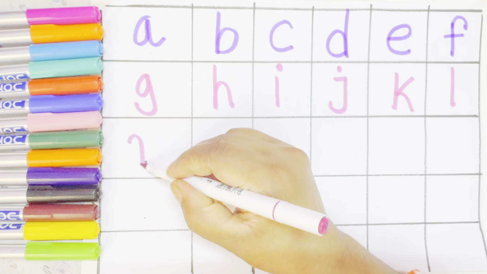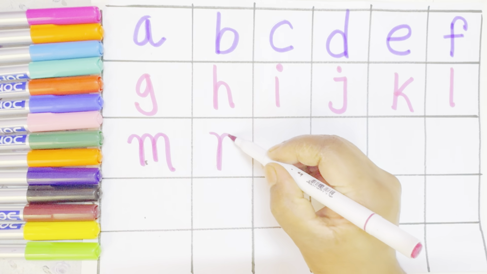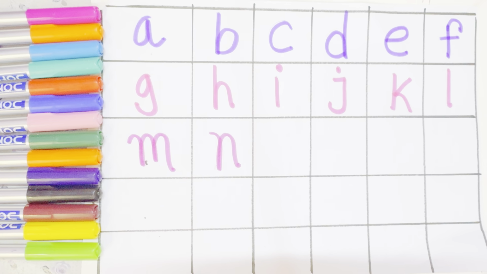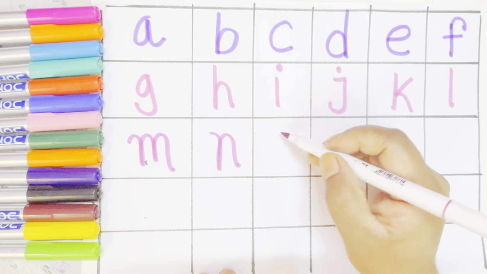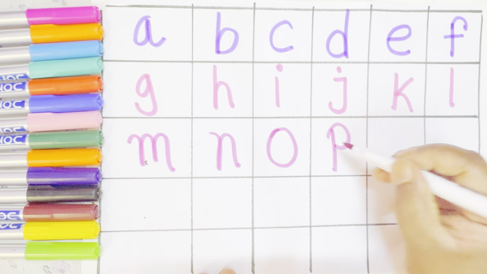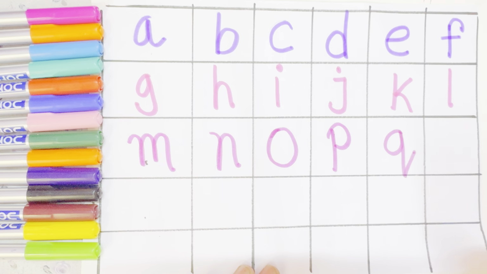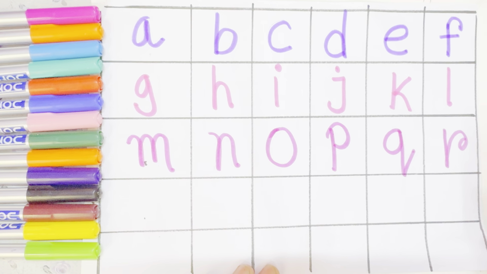M for monkey. N for net. O for orange. P for penguin. Q for queen. R for rabbit.